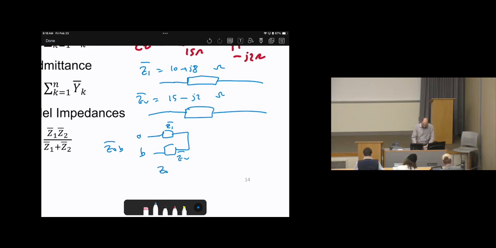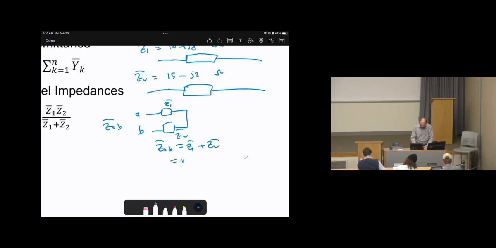So we will say that ZAB equals Z1 bar plus Z2 bar, which is going to be 10 plus J8 plus 15 minus J2. So 10 plus 15 is 25. J8 minus J2 is plus J6. Okay? And don't forget the unit, ohms.